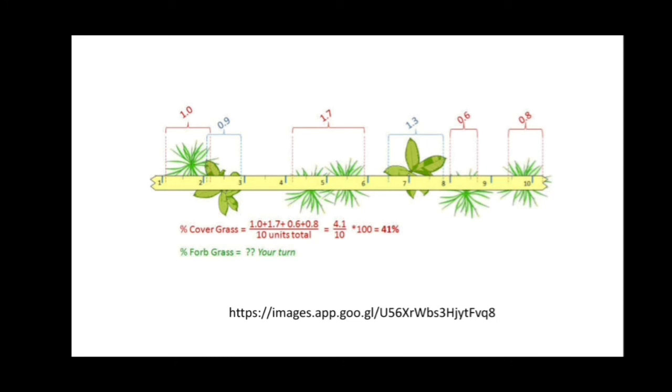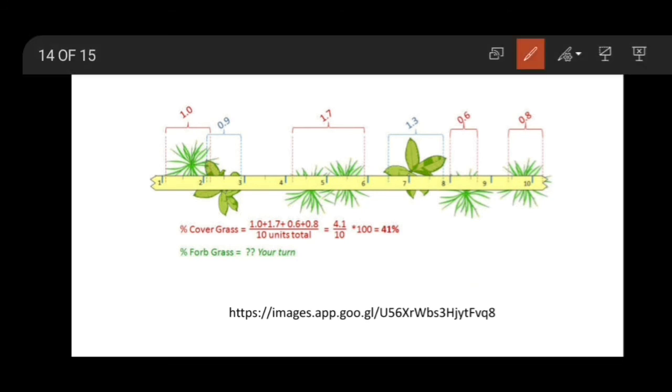So percentage grass is equal to 1 plus 1.7 plus 0.6 plus 0.8, and 10 units total. You can see here, this is the 10 units total. So we took 10 units in total.